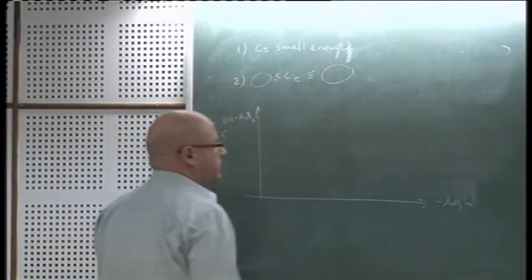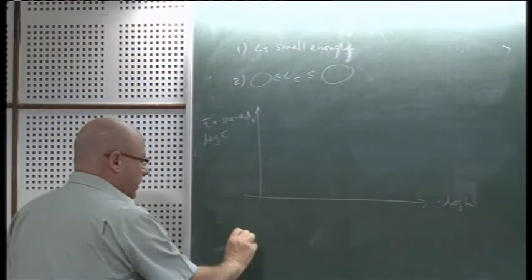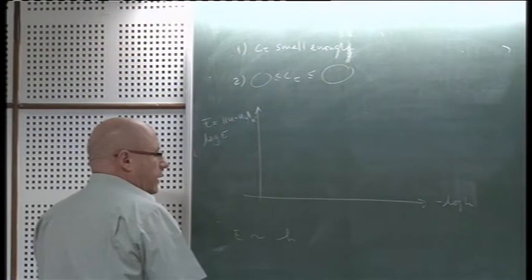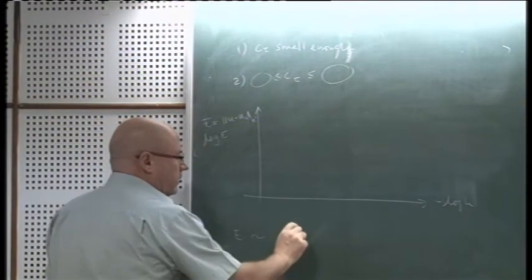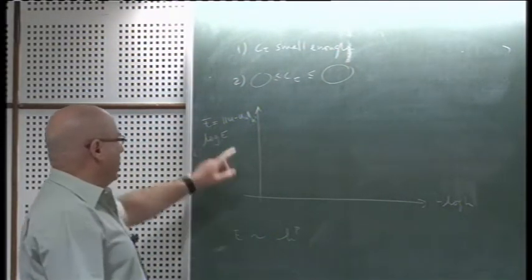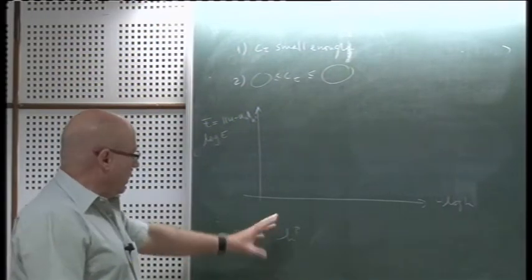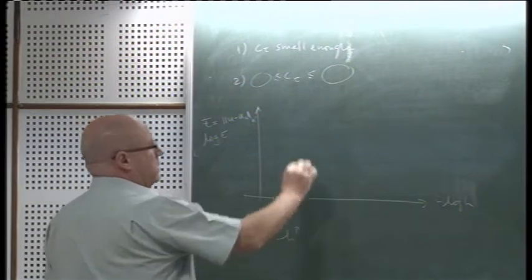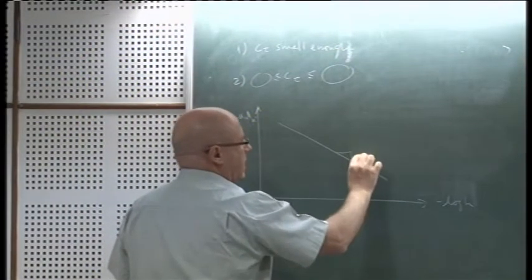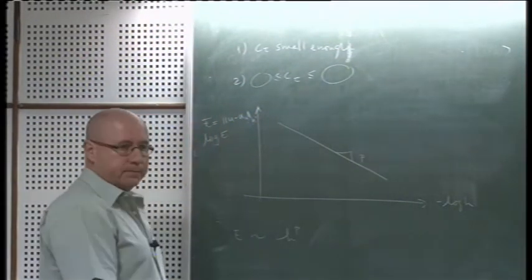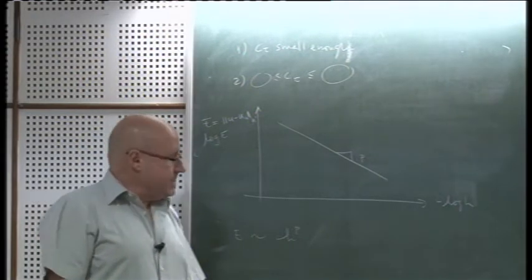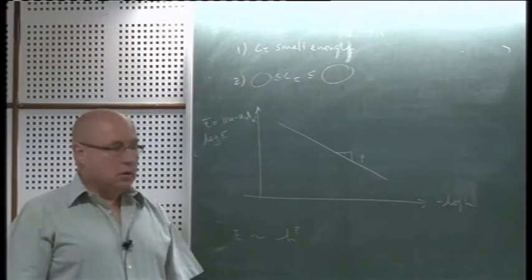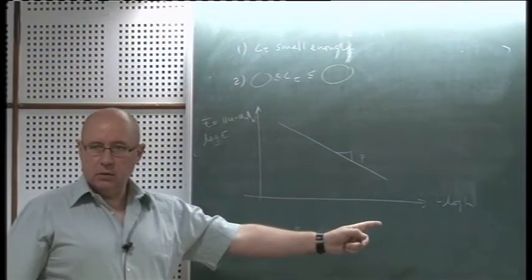If you remember, the error behaves as h to the power of the polynomial order in H1. That's roughly the way the error behaves. So what you will get when you take the logarithm is a line with a slope precisely p, the polynomial order. If you have a good range of constants, you will always get that.